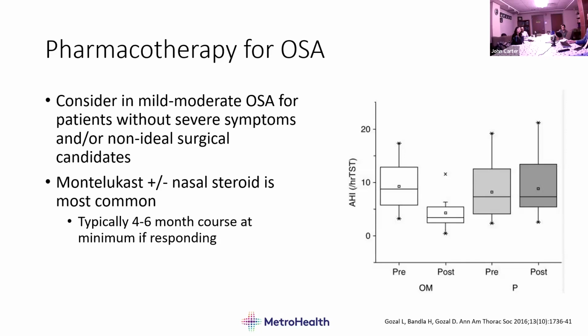Okay. Last few slides here. There is a middle ground between watchful waiting and aggressive surgical or PAP intervention, and that's pharmacotherapy. So we use a fair bit of montelukast and nasal steroids in kids who have mild or moderate apnea and are symptomatic.